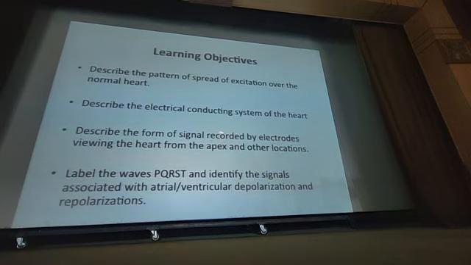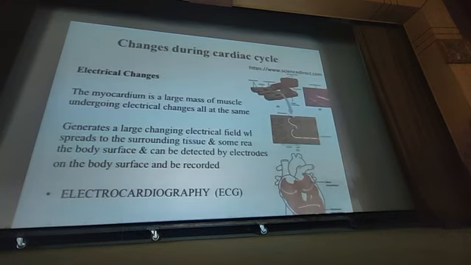Describe the form of the signal recorded by electrodes viewing the heart at the apex and different views of the heart, or different portions and walls of the heart, and label the waves P, Q, R, S, T. What are these waves? And identify the signals associated with atrial and ventricular depolarization and repolarization.